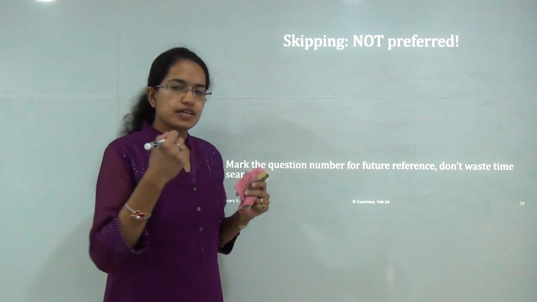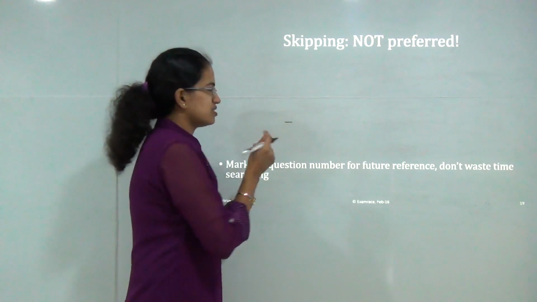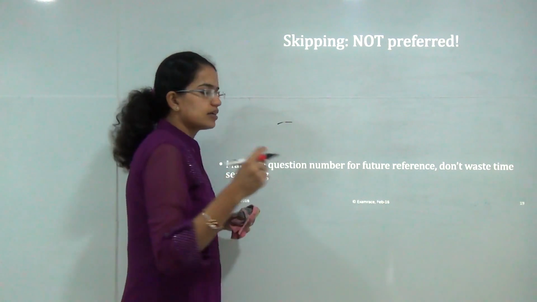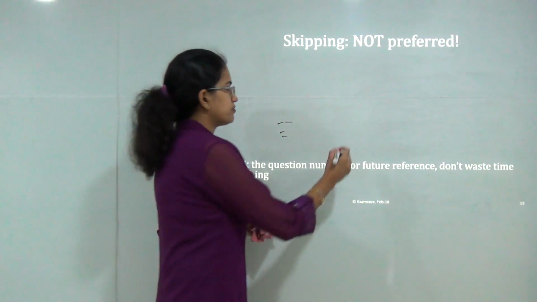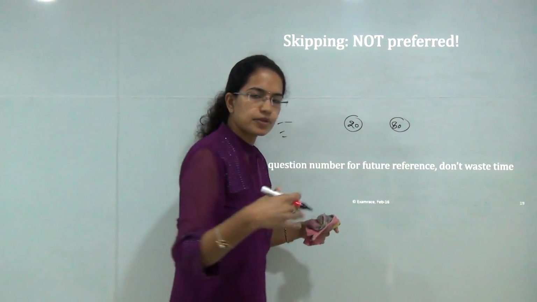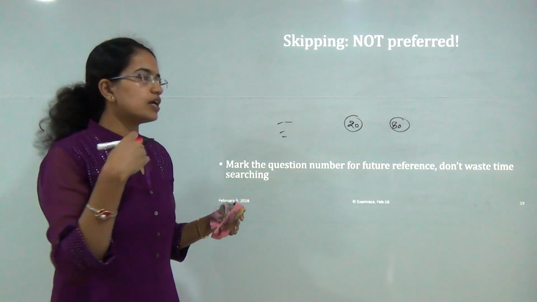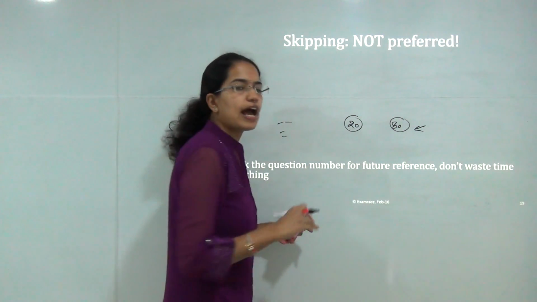Secondly, if someone is in the habit of skipping, reading a question a little hard, they will skip it. Next question a little hard, they will skip it. So at the end, the number of questions they will attempt would be only 20 and there would be 80 questions skipped. That would leave a lot of time wasted for them and at the end, they will have a shortage of time.